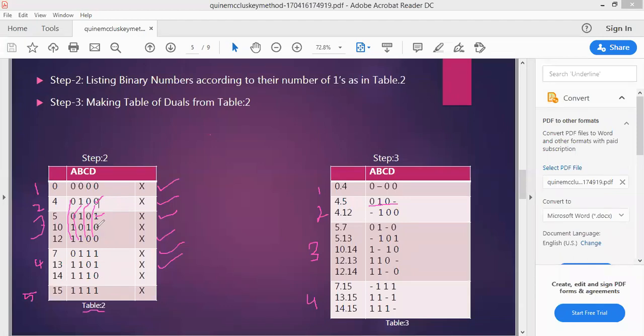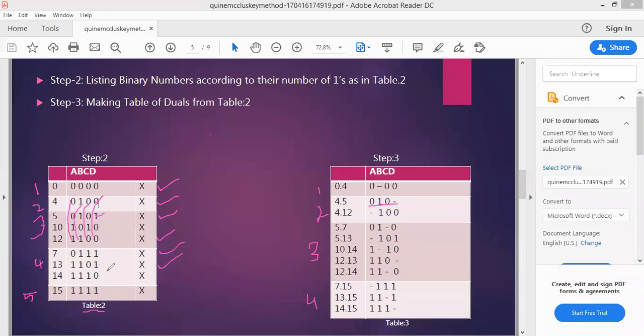The next is we have to compare 10 with all the 3 bits. So 10 is compared with 7. There is more than one difference, so we are not grouping 7 with 10. So 10 is again compared with 13. There is more than one difference, so we are not grouping 10 with 13.